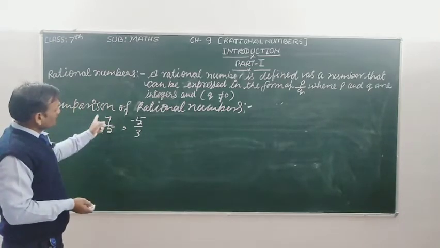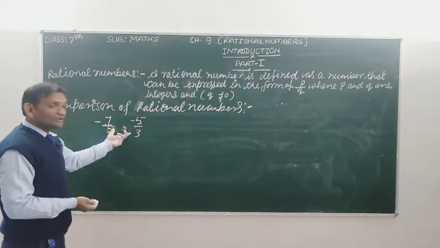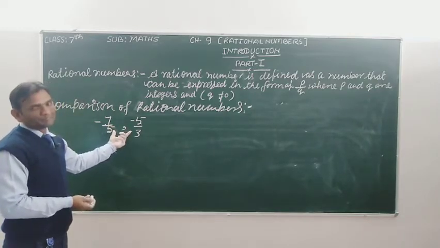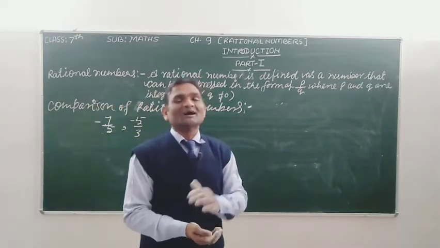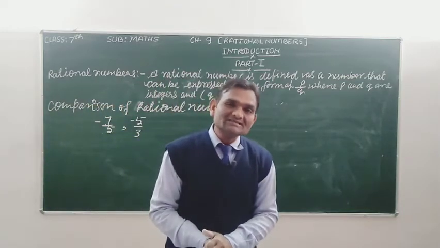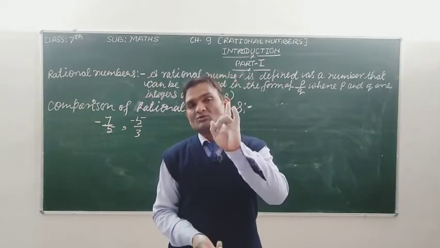So student, for comparing the two rational numbers, firstly ignore the sign of the rational numbers. This is the first rule.